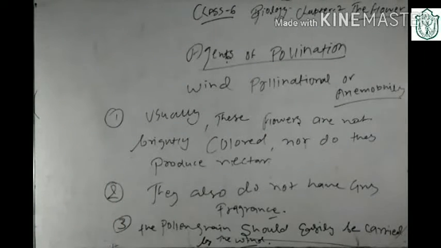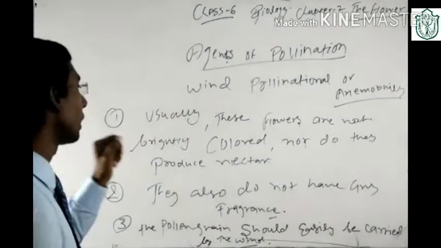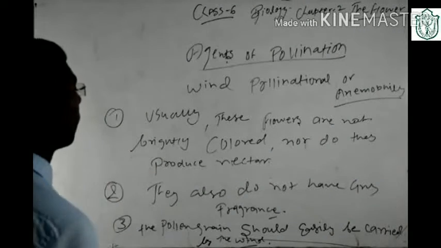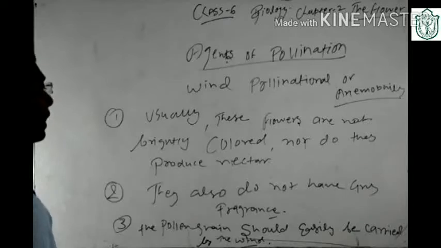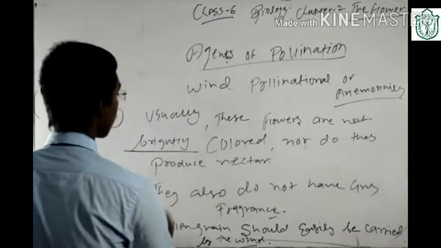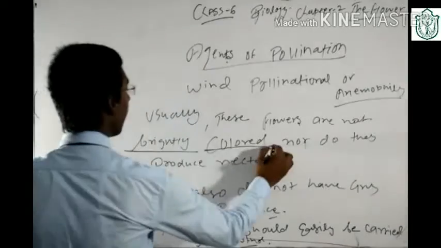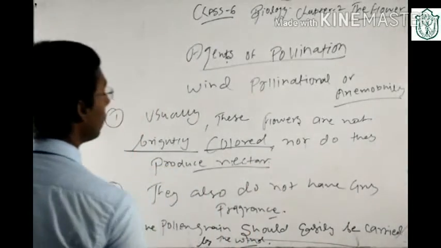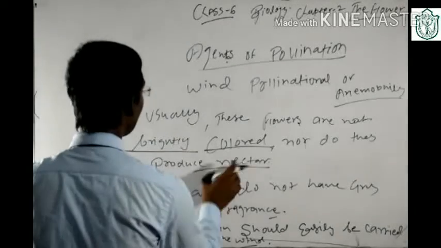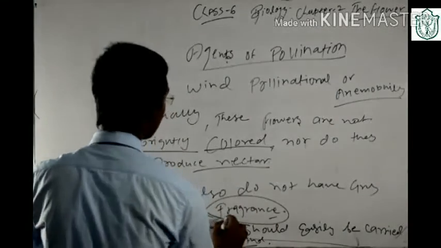A flower has three characteristic features to get pollinated by the wind. First, usually these flowers are not brightly colored, nor do they produce nectar. Means a flower is not brightly colored and it does not produce nectar. Number two, if the brightly colored petals and nectar are not available, the flower should not have fragrance as well.